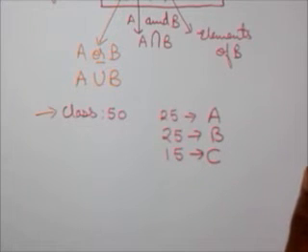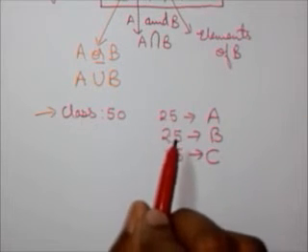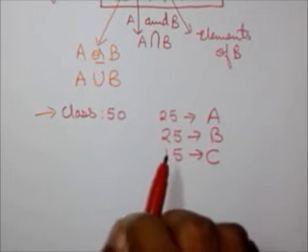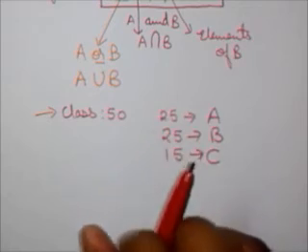Set A represents the number of students who have opted for course A. Set B represents the number of students who have opted for course B, and set C represents the students who have opted for neither course A nor B.